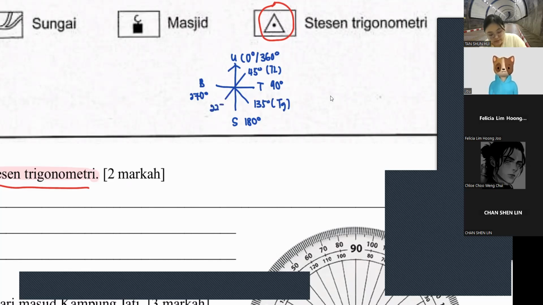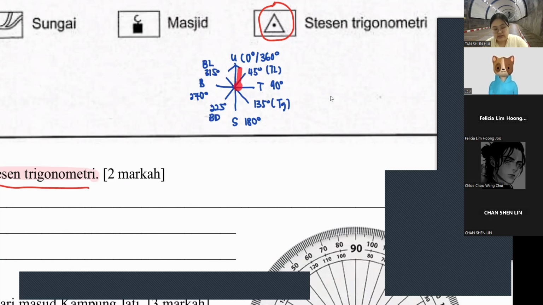Then you have 225, Barat Daya, and Barat Laut, which is 315. This is when they are exactly on those directions. Sometimes if I'm exactly at Utara, yes, it's 0 degrees or 360 degrees. But if I tell you I'm in Timur Laut, you need to be aware.